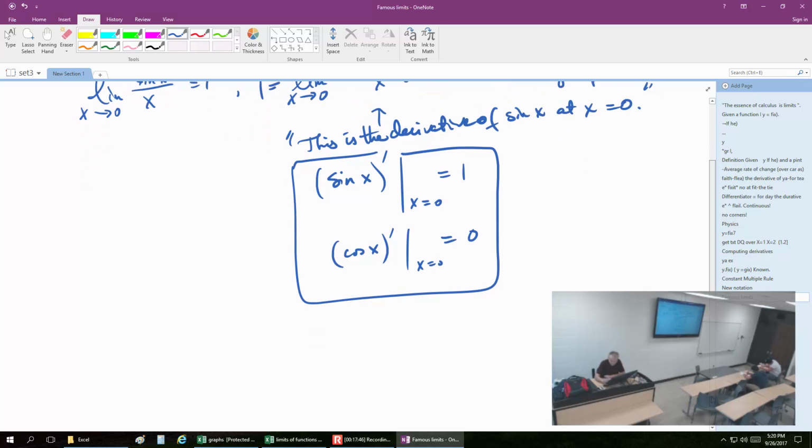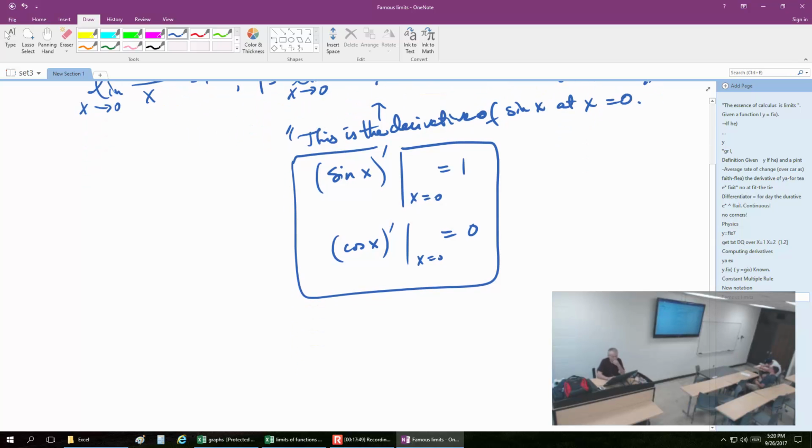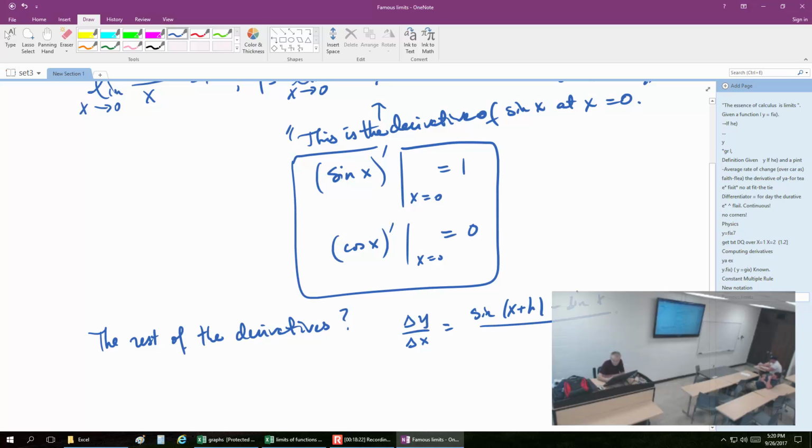So let me just run through this quickly. So then the rest of the derivatives, how are they found? It is based pretty much on the trigonometric formulas. So what I need to find is, as always, delta y over delta x. For example, if I want to do sine, it will be sine of x plus h minus sine x, over h.